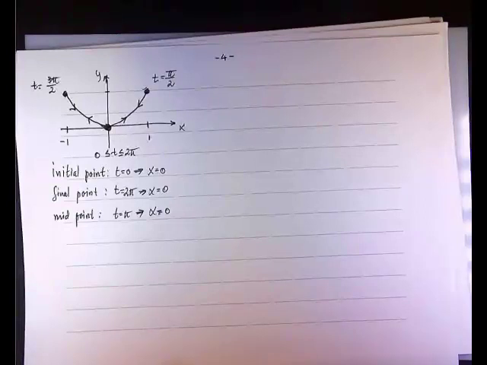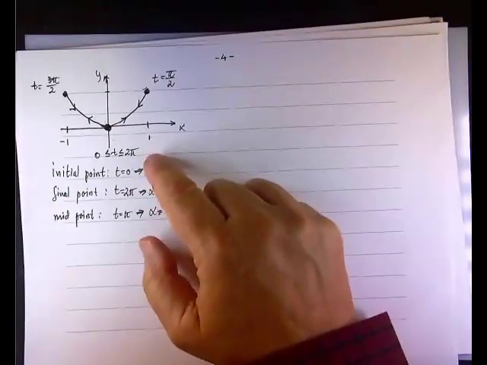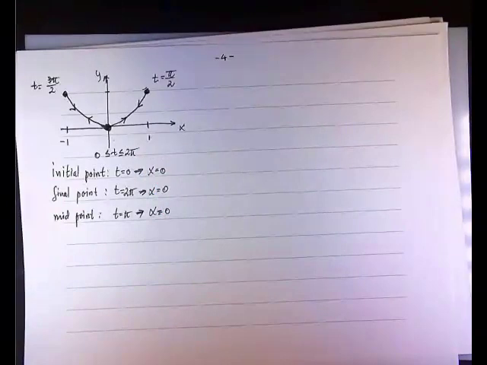This is the motion of this particular function, parametric equation. That's why we said there is a difference between a curve. A curve is just a collection of xy points. A parametric curve is where you can trace the movement of xy along the curve.